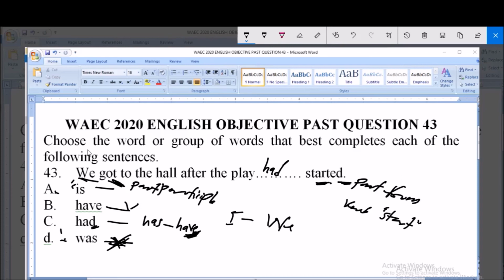So one can say that we got to the hall after the play had started. But remember that the play did not actually get to the end, because the got is in participle form. So option C is correct.